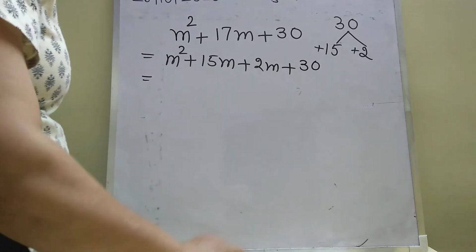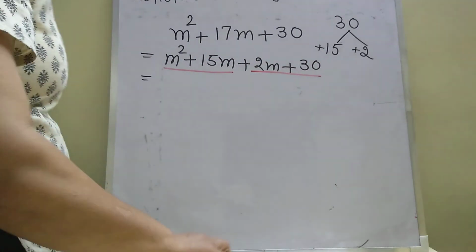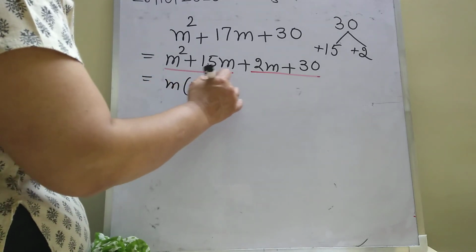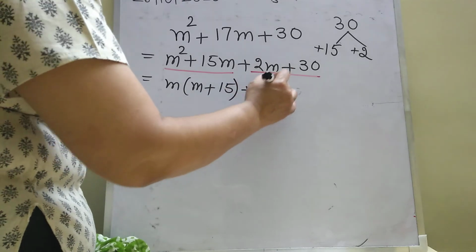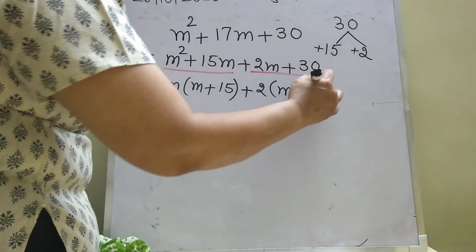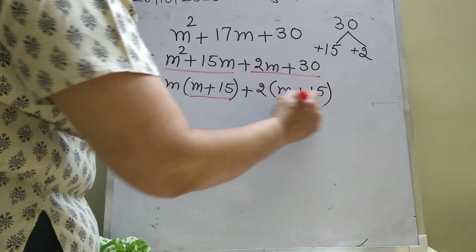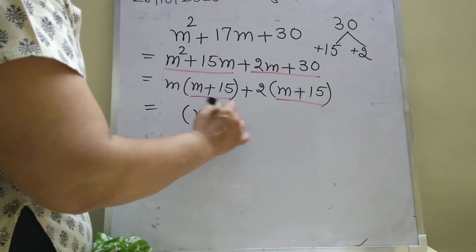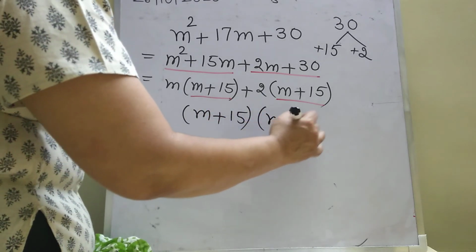Now group the terms first, then take m common: m(m plus 15) plus 2(m plus 15). What is common? m plus 15 is common. So let us write it as (m plus 15)(m plus 2).